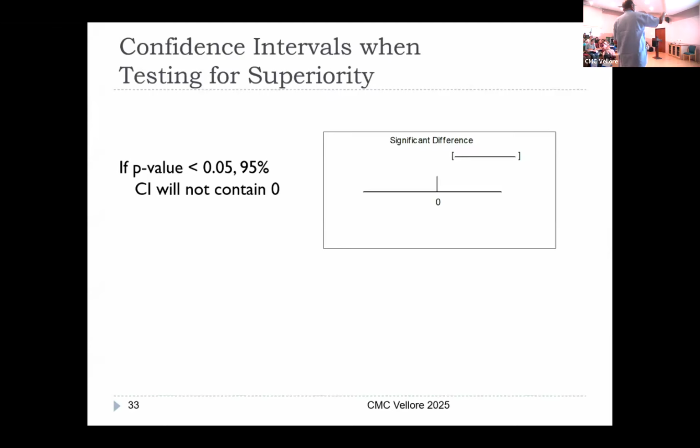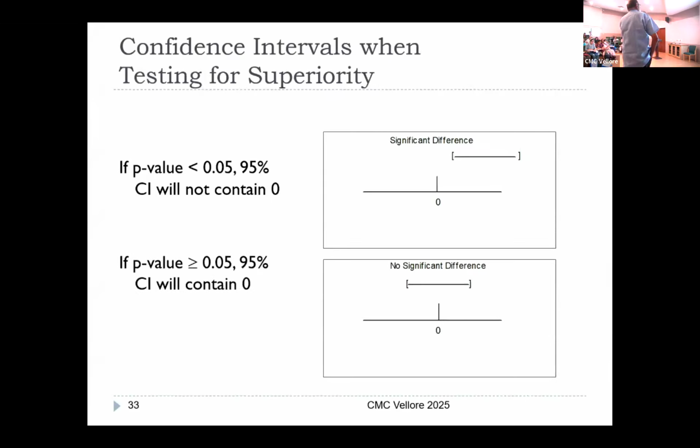You include 1 or not include 1. Significant differences when the 95% confidence interval does not contain the difference of 0, or if it's in relative terms, the value of 1. The same thing. But if it is not significant, then it will contain that null value. Right? Hopefully this is okay with everybody, because this is some standard thing you've seen in your basic statistics course. Okay. This is for superiority.